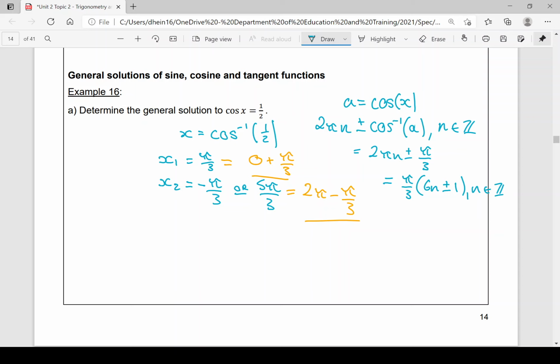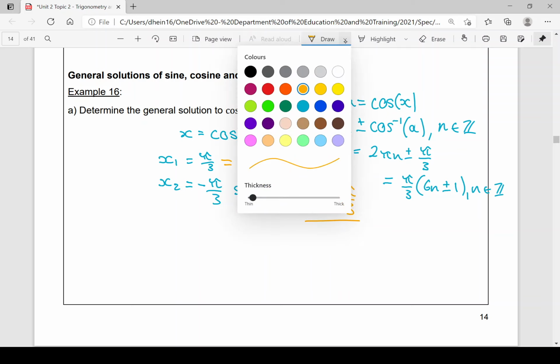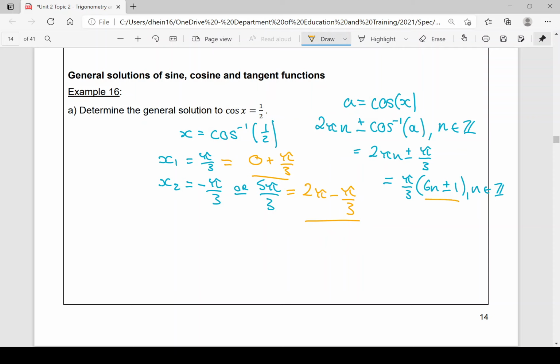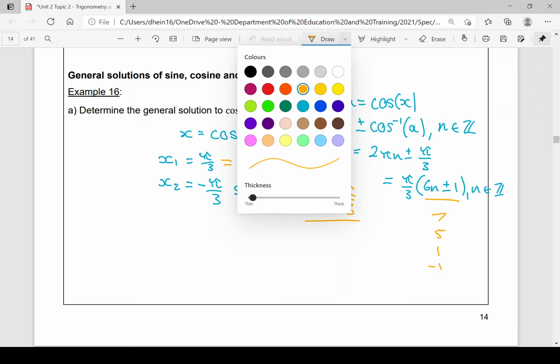So generally when doing solutions like this, we'll say that n is an integer when we first use the pronumeral, and then we'll remind the reader that n is an integer in our final step. But you can see in this 6n plus 1, that's going to give us numbers like 7, 5, it's also going to give us 1 and -1, just based on whatever we put in as our n. Okay, let's move on to the next question.